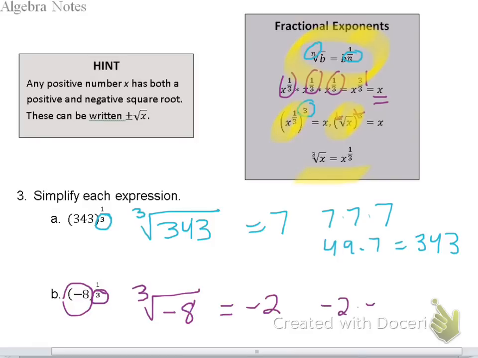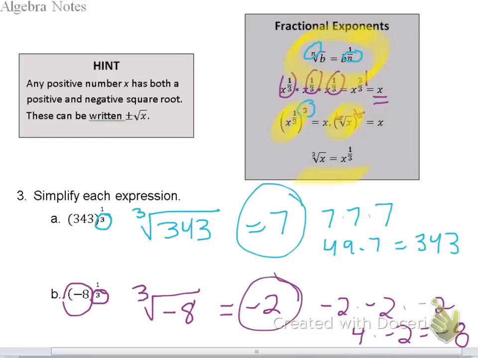Then I always want to check it. Negative 2 times negative 2 is positive 4, times negative 2 again is going to be equal to negative 8. So that works. So here are my answers to those two examples, and we're going to do a couple more here. We already did those two on the previous page.